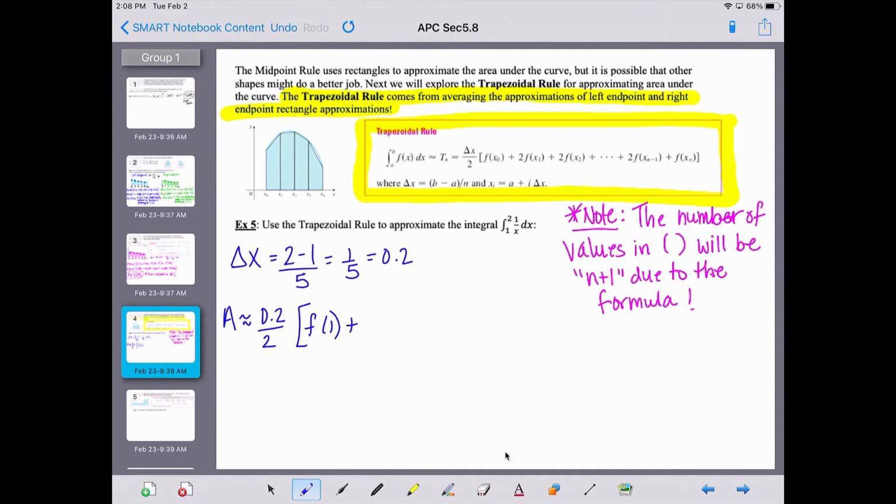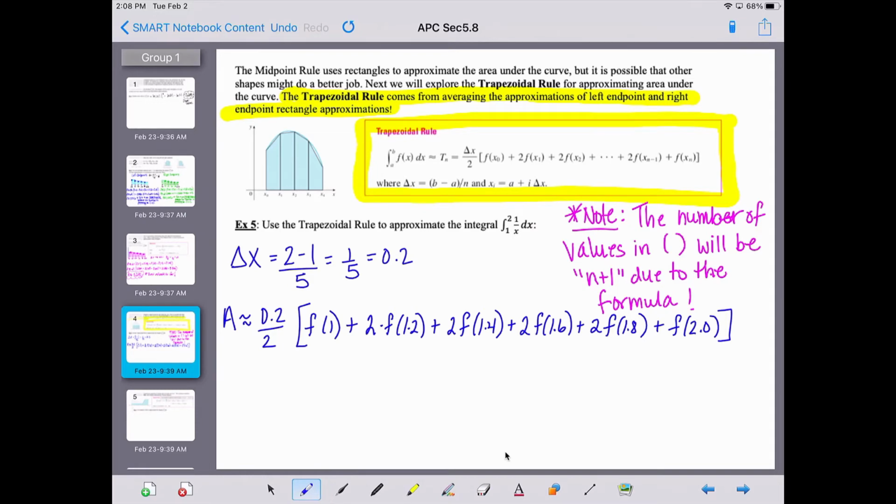So 1.2 will be the next one, but it has to be 2 times f of 1.2, 2 times f of 1.4, 2 times f of 1.6, 2 times f of 1.8, and then plus f of 2.0. So you use both endpoints, the lower and the upper, in the trapezoidal rule, which is different than the left endpoint and right endpoint rectangles, right?